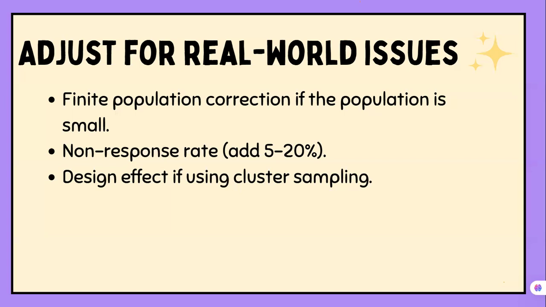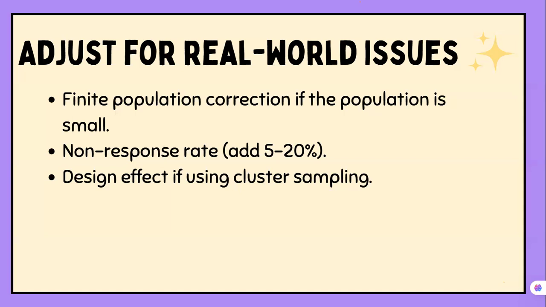First is FPC, that is finite population correction. If the population is small, we will make a correction. FPC has a specific formula for this purpose.